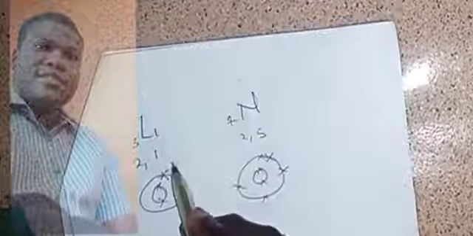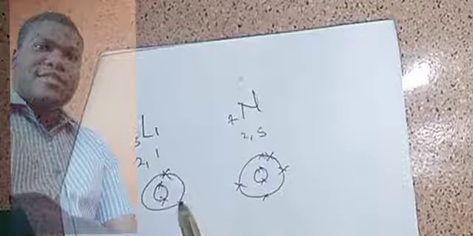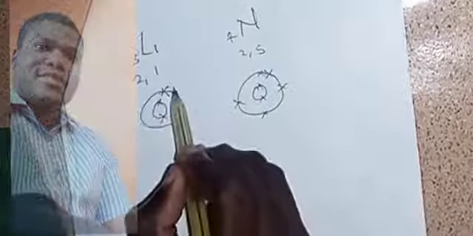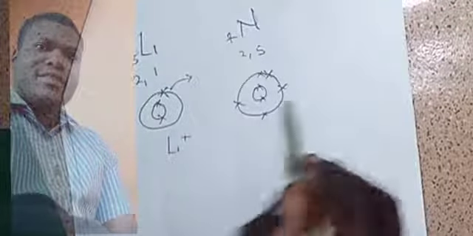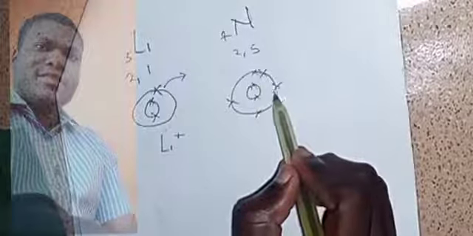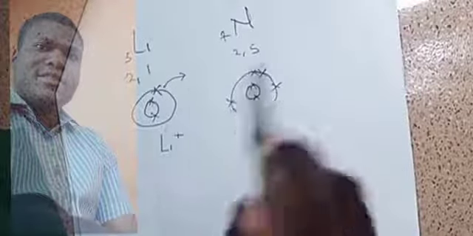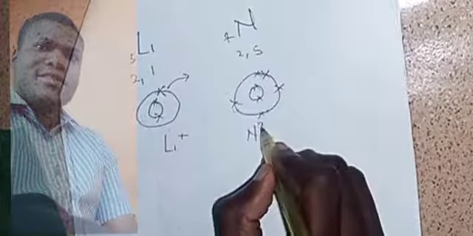So the problem here is that lithium will either lose 1 or gain how many to become 8? So lithium will actually lose 1. It's easier for that to form Li plus. Nitrogen is either going to lose all these 5 or gain 3 to become 8, so nitrogen will form N3 minus.